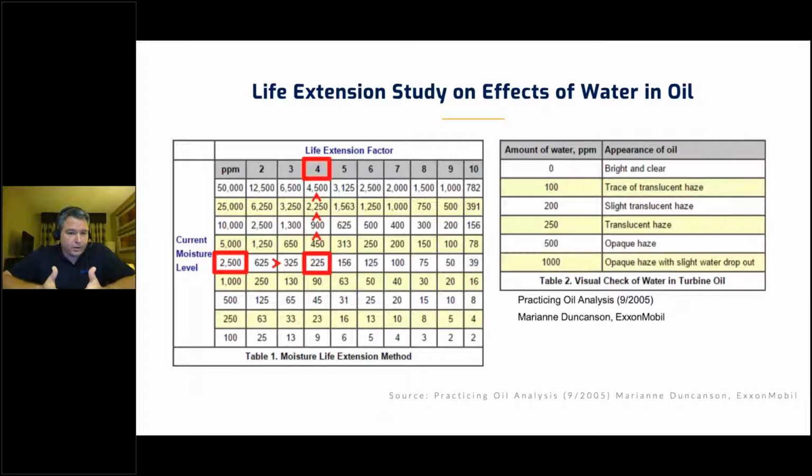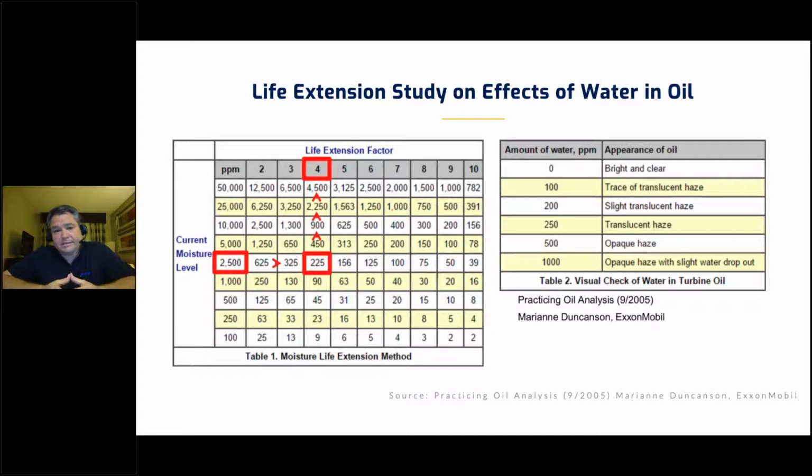We know water and oil is not good. We wouldn't intentionally mix the two, but it happens. It happens in our processes, by the way that we handle our lubricants coming in, how they're stored, and how the machine is sealed in the field. So this table is just a good reference. The table to the right gives you an indication of the appearance of the oil, so that gives you a visual.